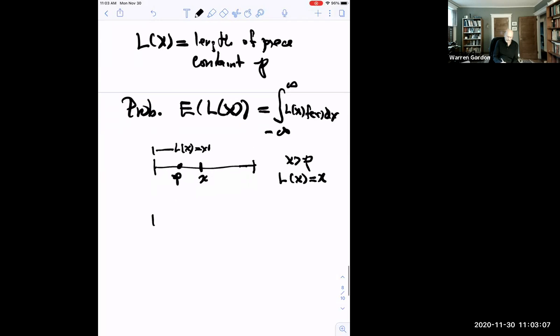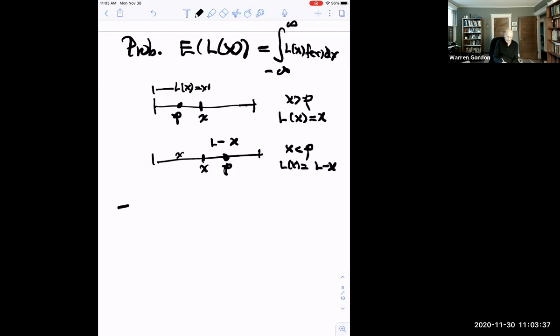On the other hand, if this is x and this is P, well, this distance is x, then this distance is L minus x. So if x is less than P, then L minus x is the length of the piece.